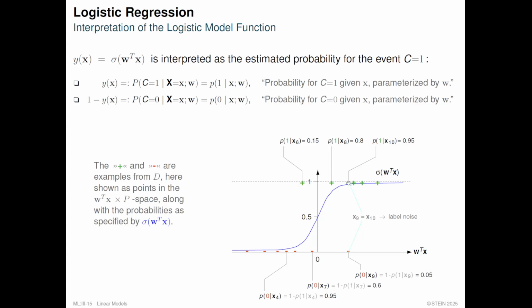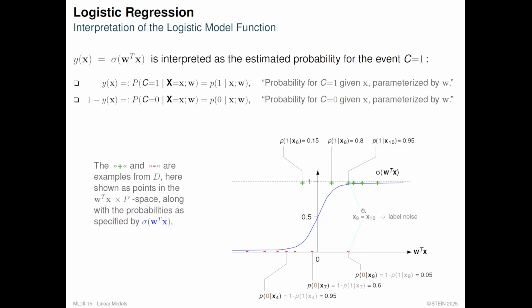But the probability of the same value being a plus, so probability of 1 under the condition of this feature vector, is 95%. And both values sum up to 100%. That's the idea of probabilities.